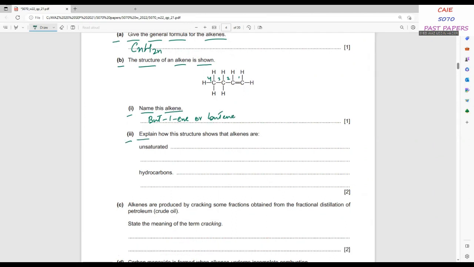Number 2, explain how this structure shows that alkenes are unsaturated. Unsaturation means it has a carbon-carbon double bond.